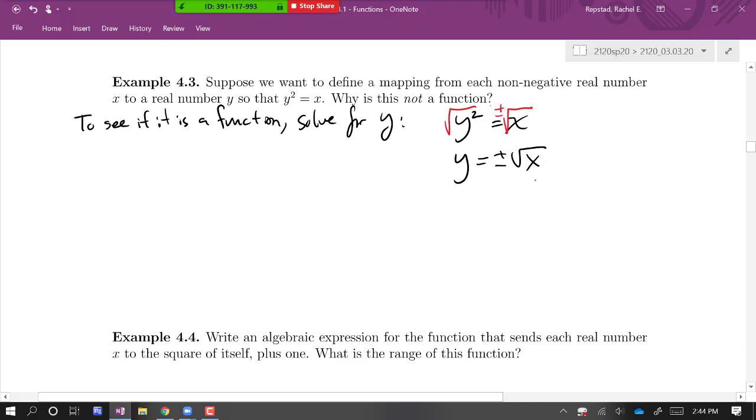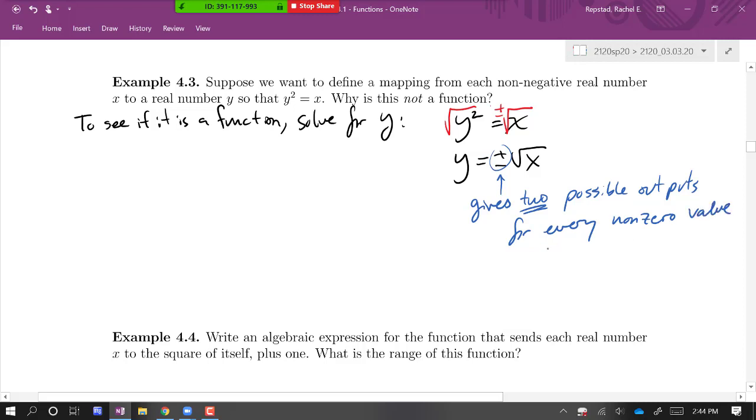This gives two possible outputs for every non-zero value for x. That means it's not a function.